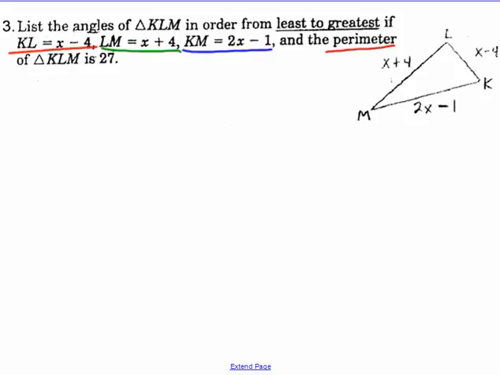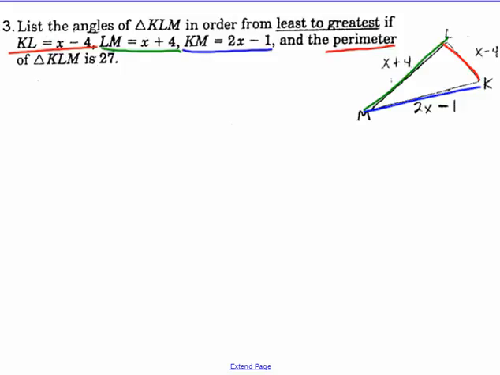So KL is here, LM is here, and KM is right here.